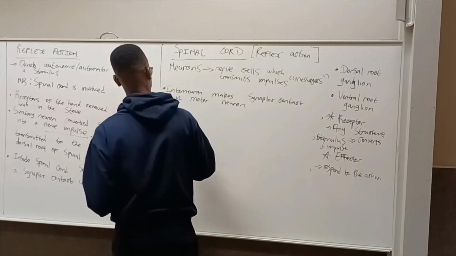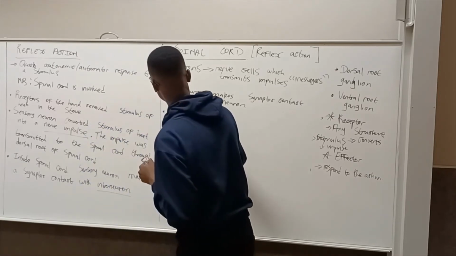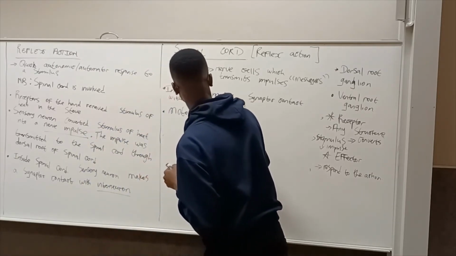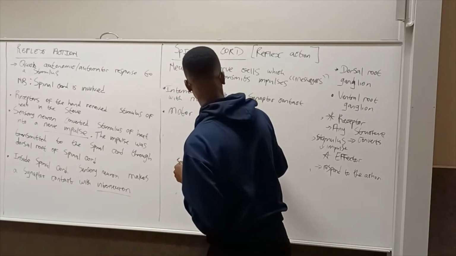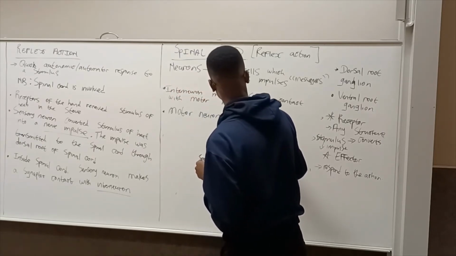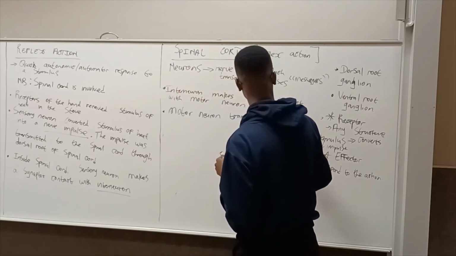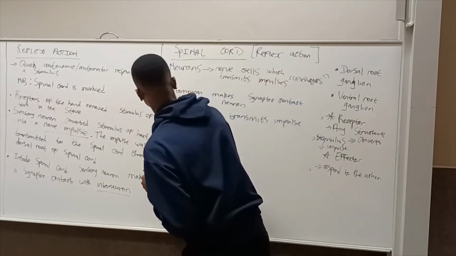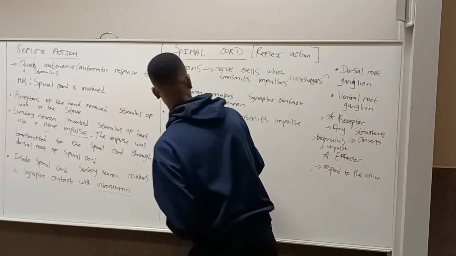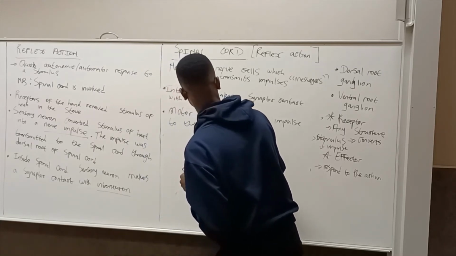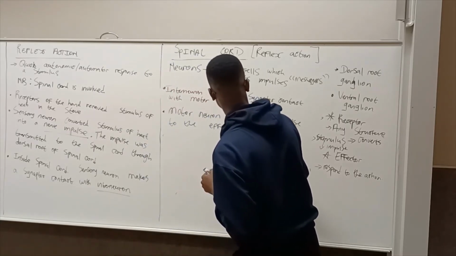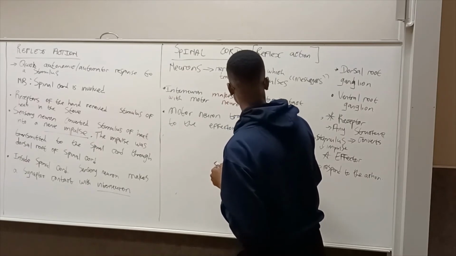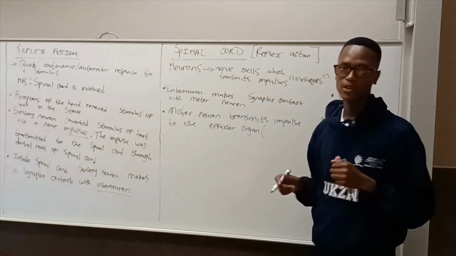Then the motor neuron transmits the impulse to the effector organ. So in our case, what is the effector organ?